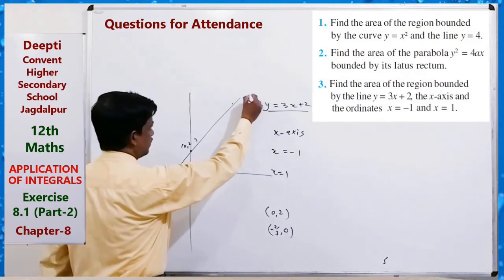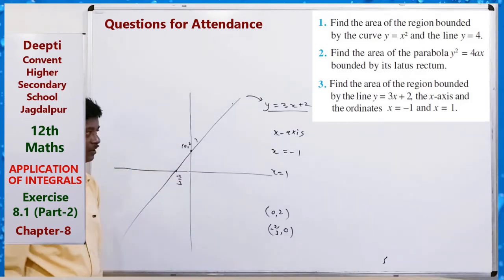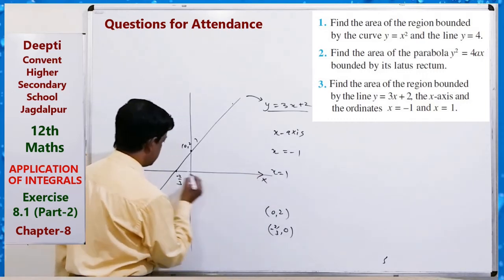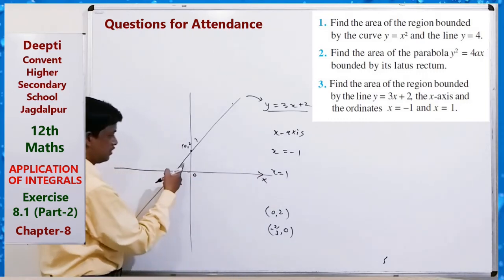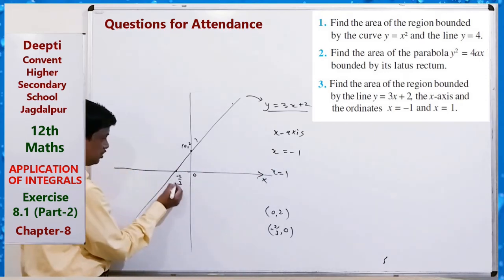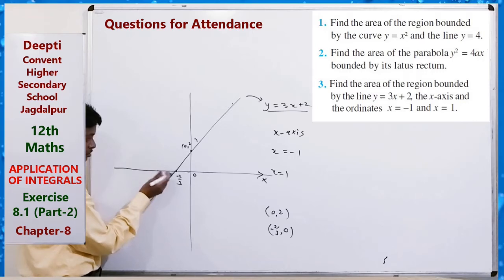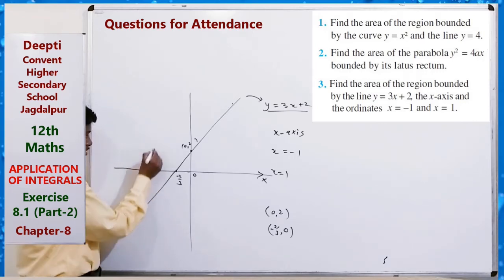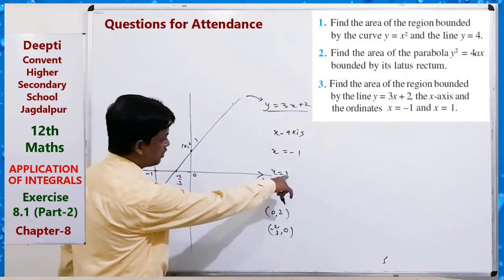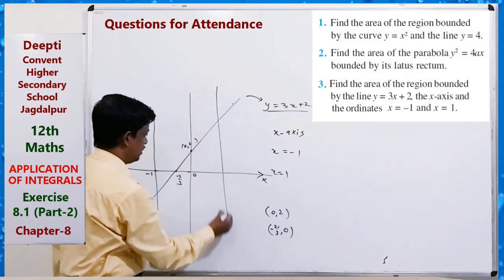Clear? The x-axis, that means this total line. X equals minus 1 will be here on the left side. So suppose this is x equals minus 1, and x equals 1 is here.